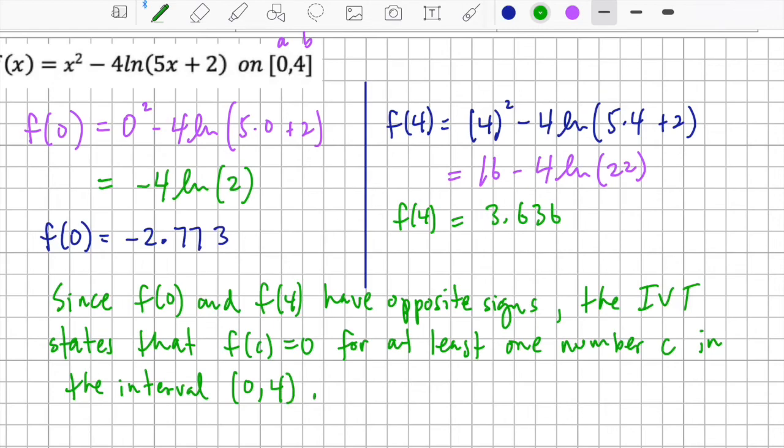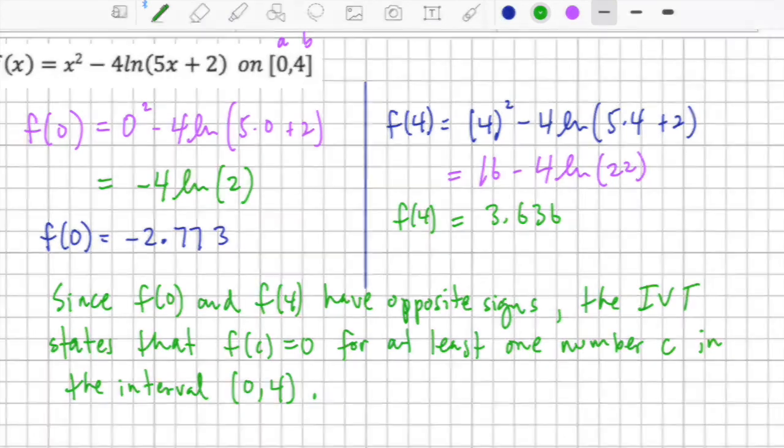The interval has to be the open interval, so in the interval from 0 to 4. That's it. And yes, you do have to write all that out.